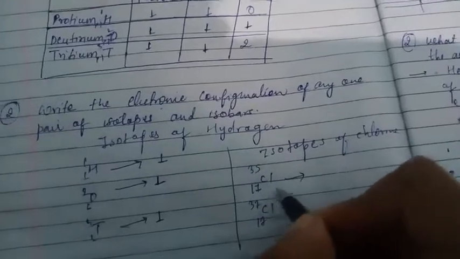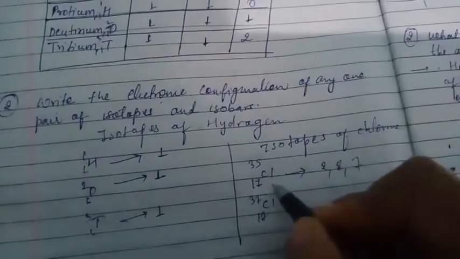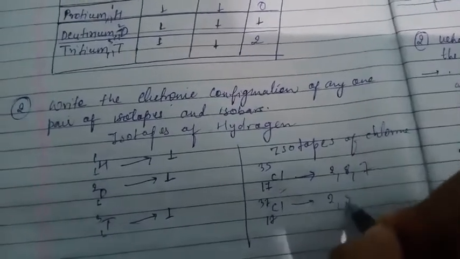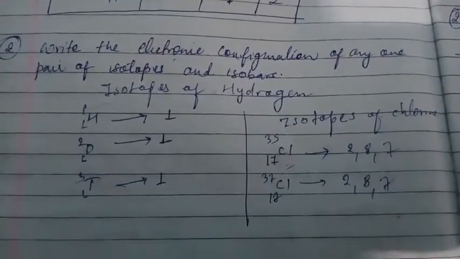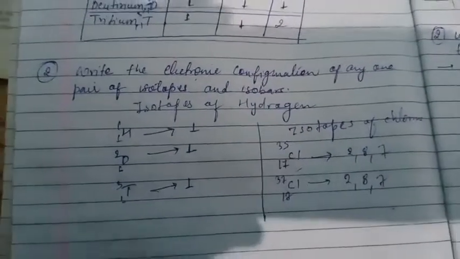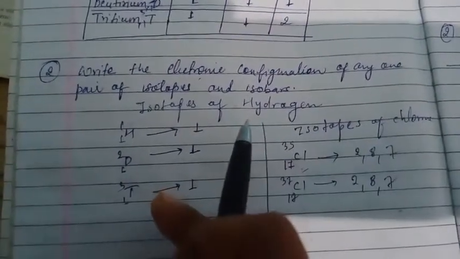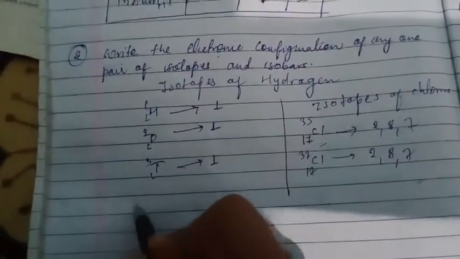So how can you distribute or write the electronic configuration? 2, 8, 7 in the case of this isotope of chlorine, and again 2, 8, 7 in the case of the other isotope of chlorine, that is chlorine 37. Okay, so that's how you can write the electronic configuration of one pair of what? Isotopes.